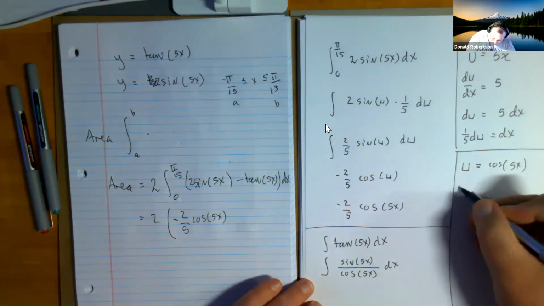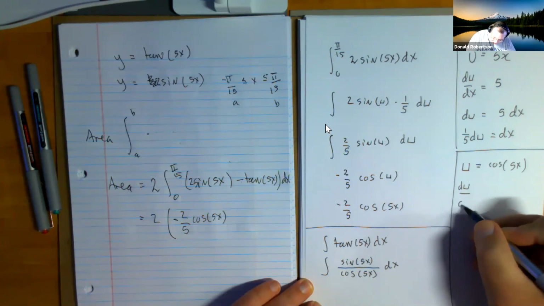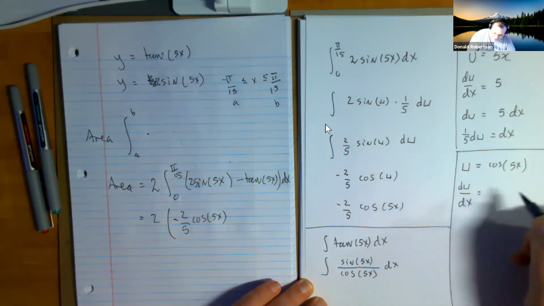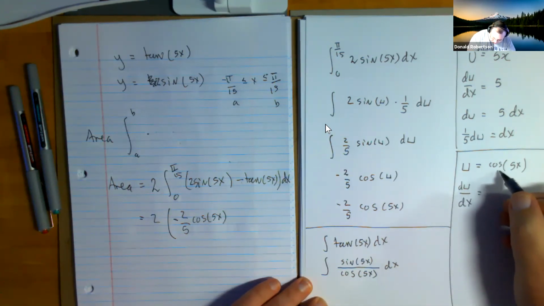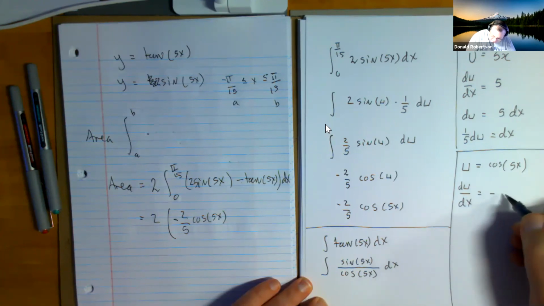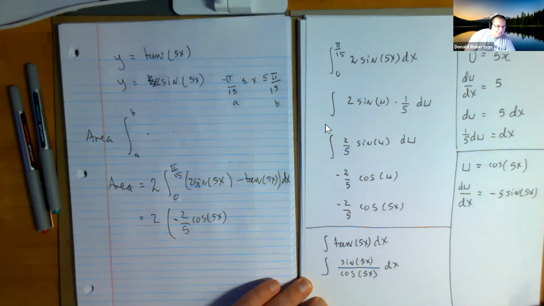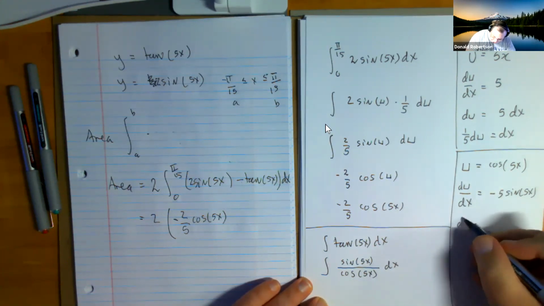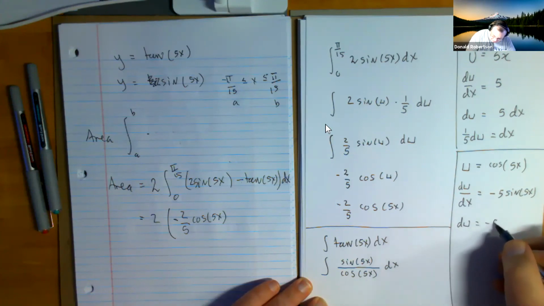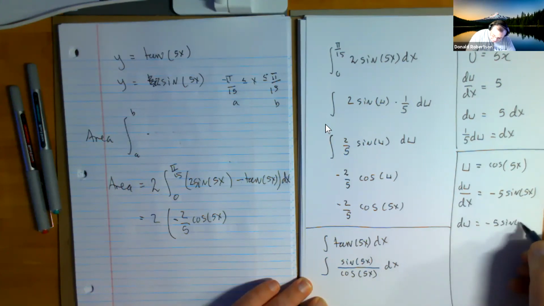So in this case, you're differentiating with respect to x. So be careful. Differentiating a cosine is a negative sign. But isn't this a chain rule? So it's negative 5. Which now gives me negative 5 the sine of 5x dx.